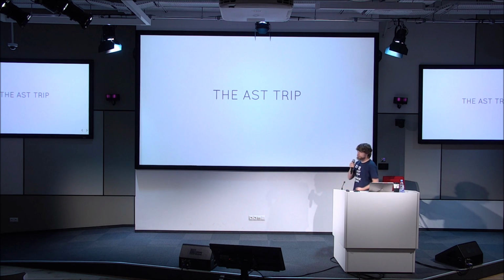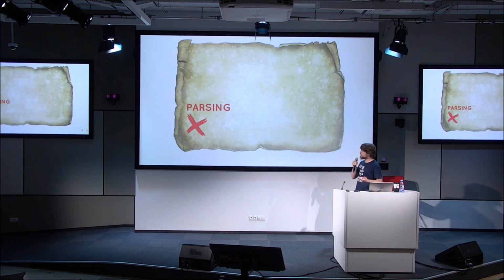And this is where the urge to start the trip of where the AST comes from began. I wanted to be able to add functionalities to my editor without all the bloat that other editors have. So let's go on our trip.